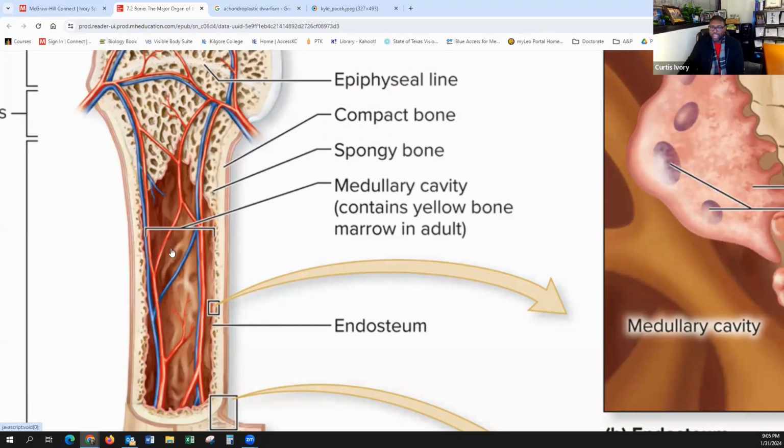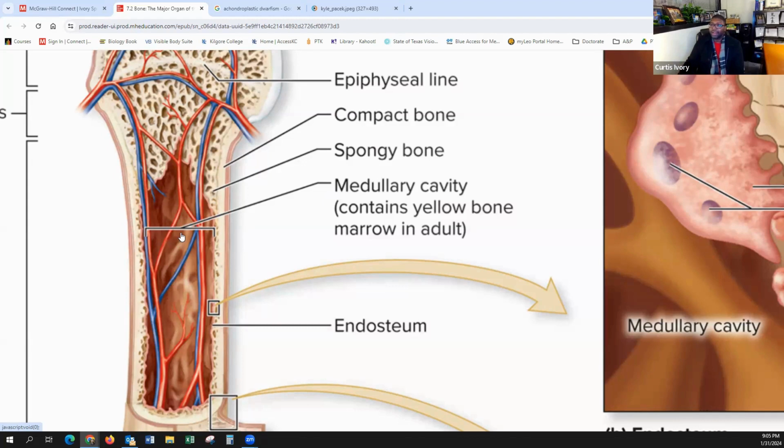This is the middle cavity of the bone, where we're going to have our bone marrow, more prominently yellow bone marrow. Yellow bone marrow is called yellow because it's actually fat. And if we remember from the dissection videos, fat or adipose tissue is yellow. And so therefore we have fat in the middle of our bones.